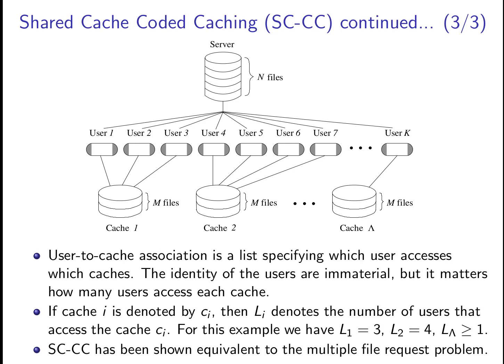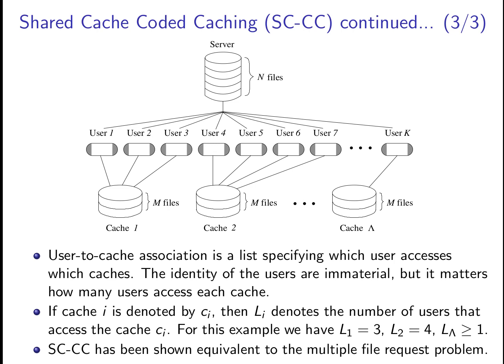User to cache association is a list specifying which user accesses which cache. The identity of the users is immaterial, but it matters how many users access each cache. We will now introduce a notation. If cache i is denoted by Ci, then Li denotes the number of users that access the cache Ci.